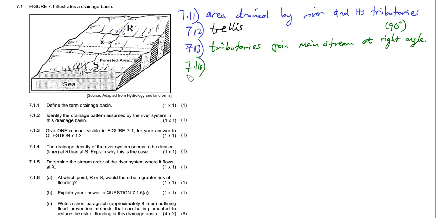The drainage density of the river system seems to be denser, finer at R than at S. So we are saying we have more drainage density here than at S. Okay, explain why this is the case.